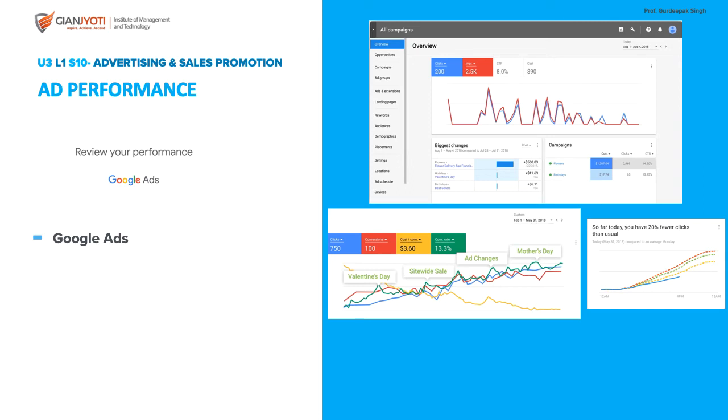And what is the time, was it 4 p.m. or before that. So accordingly you can align your ad campaigns depending on what you want to achieve.